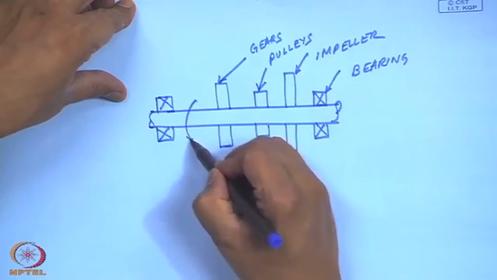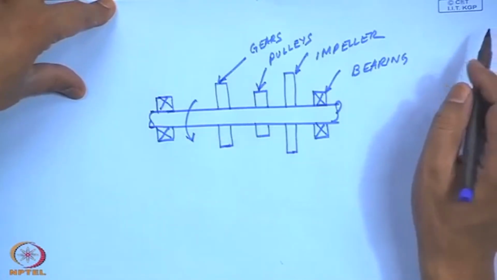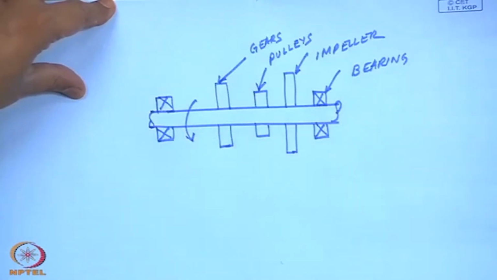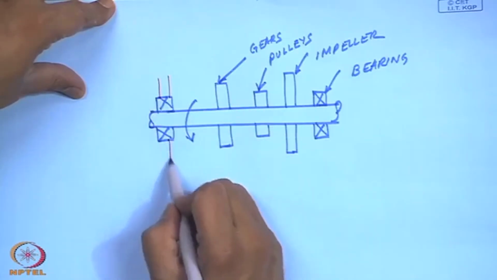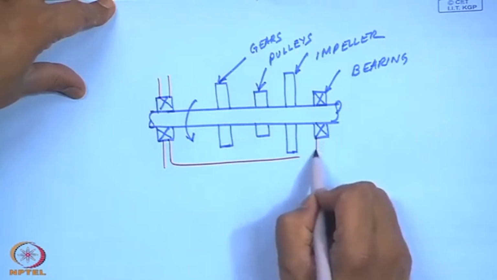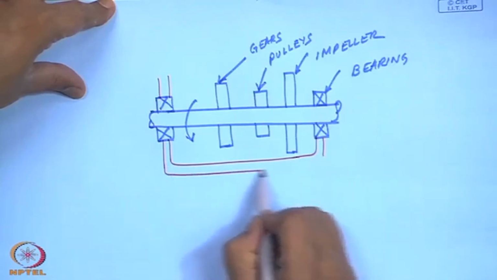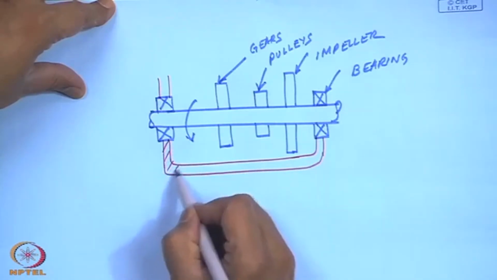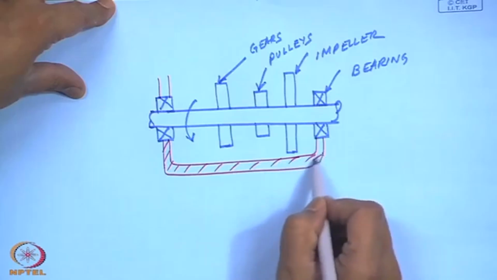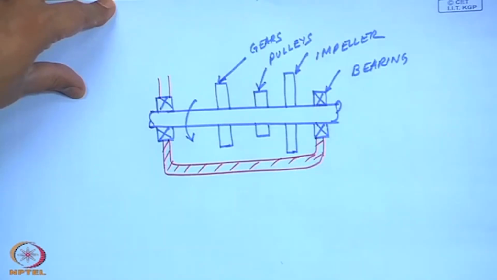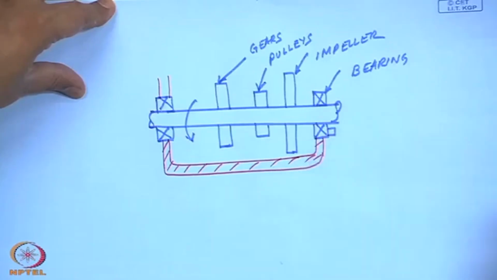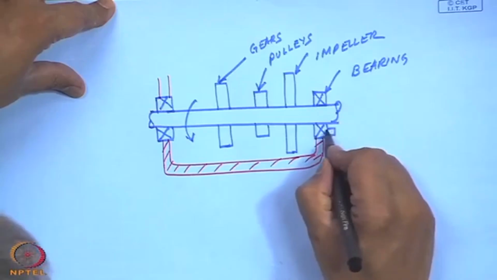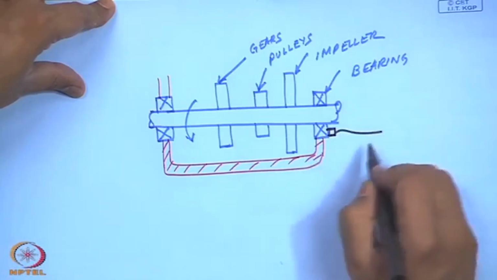Okay, and this shaft is rotating. Now, obviously, if this was in a machine, this would be housed in a casing and so on, and perhaps near the location of the bearing, we may be picking up a vibration signal from a transducer.